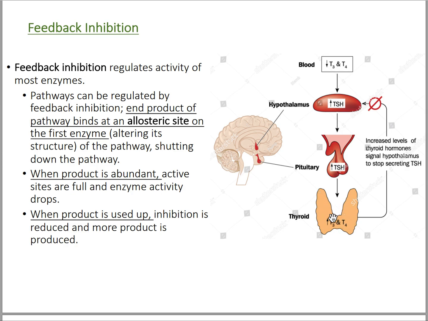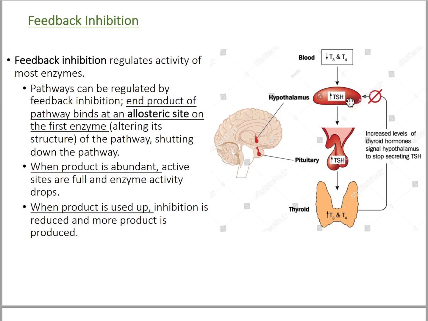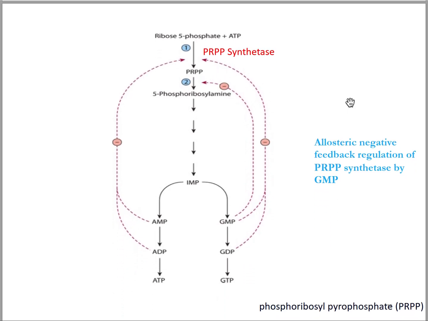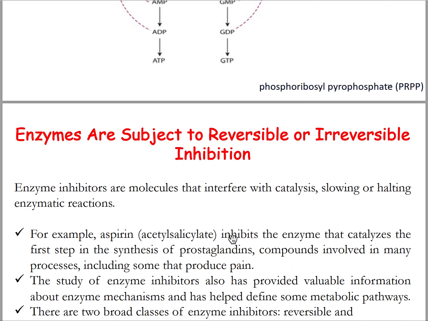When the concentration of the thyroid hormone is increased, it will inhibit the hypothalamus, like this. So the end product will inhibit the first enzyme, from ribose 5-phosphate to 5-phosphoribosylamine.